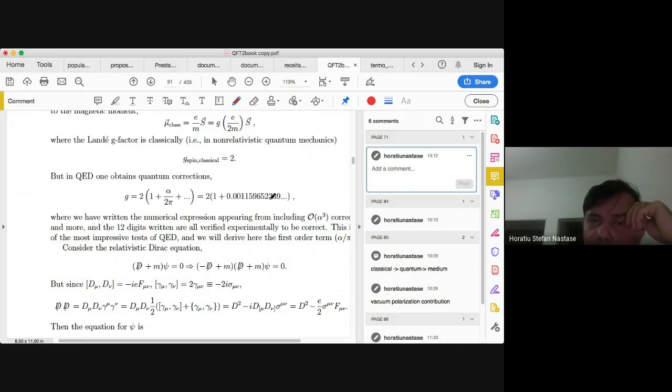But if you calculate it to three loop order, that is alpha cubed, you obtain for G minus 2 this very precise number with 12 digits.